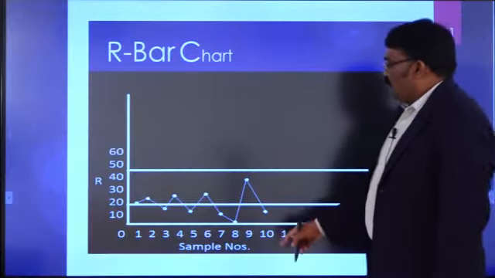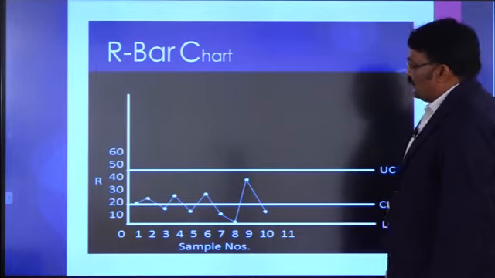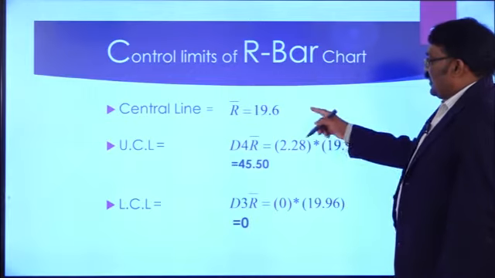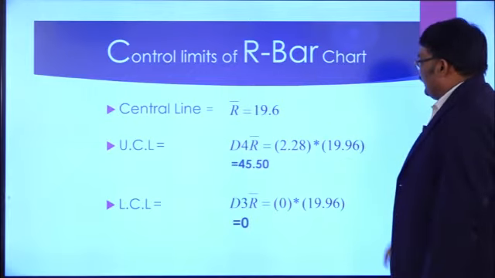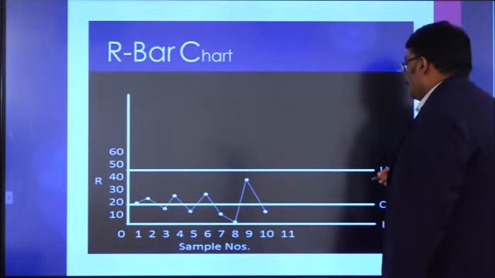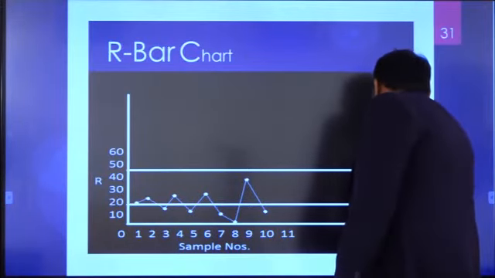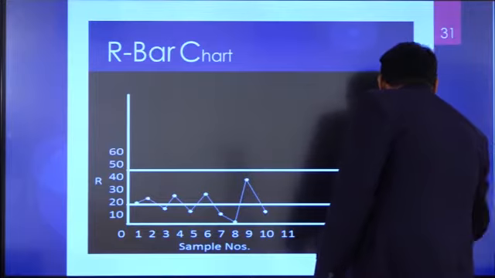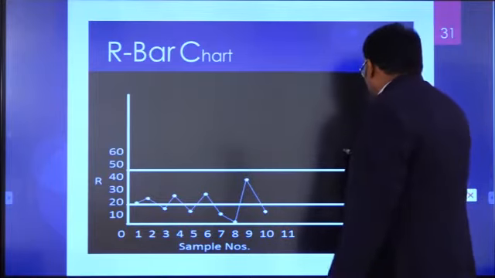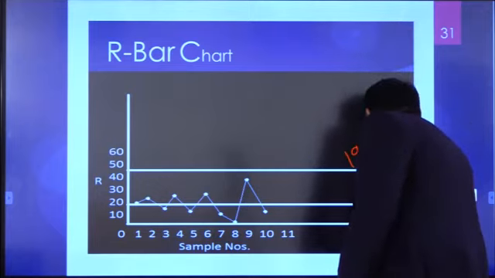Now, we draw based upon the R chart. This is the R values, that is limit R 19.6 and UCL 19.96 and LCL 0. These are 19.6, what we have found out. Here 19.96 and LCL 0.